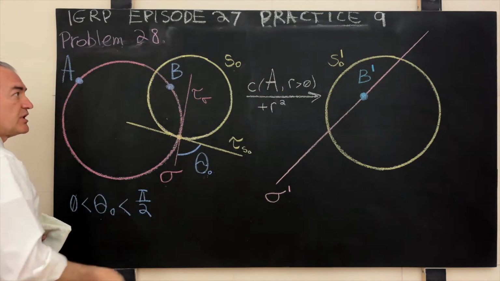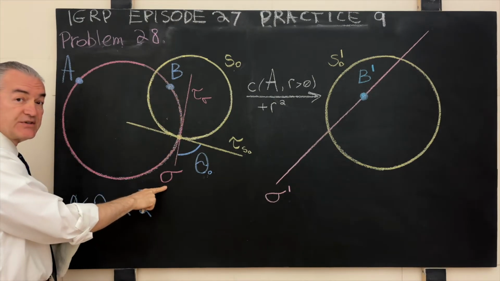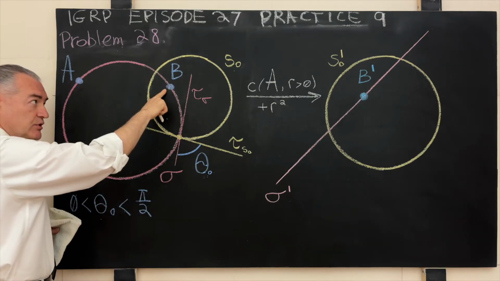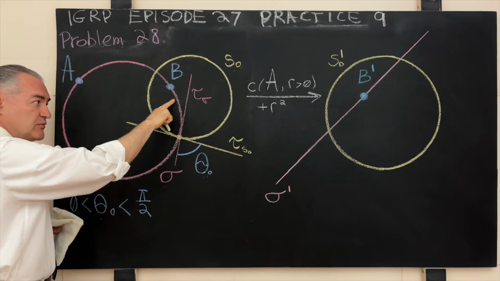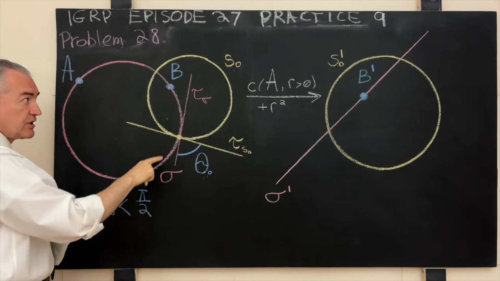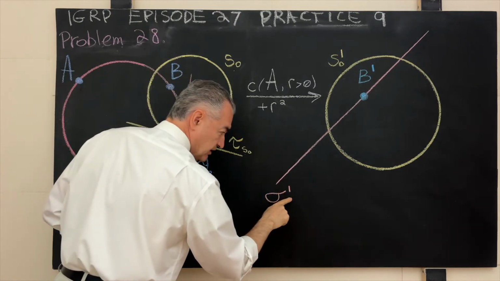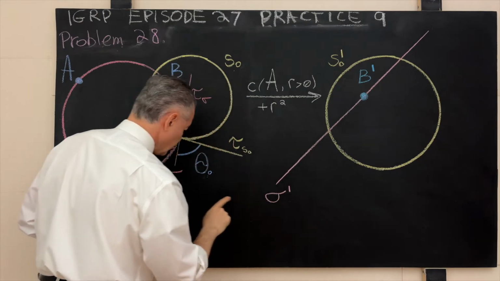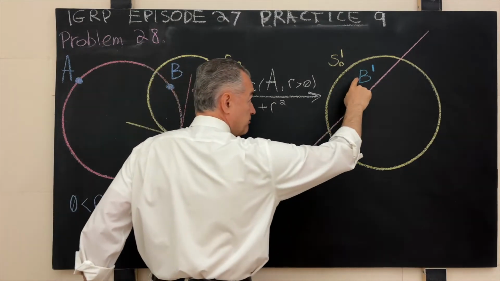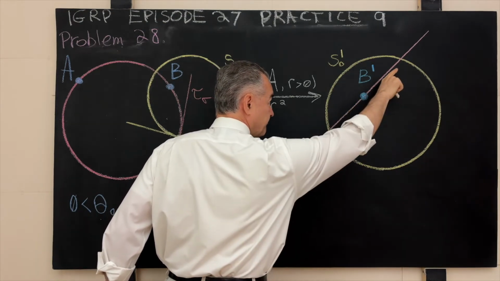And we know also that if the point B does belong to the solution circle, remember this is our first implication, then the image of the point B will belong to the image of the object to which this point belongs. The image of the object to which the point B belongs is the straight line sigma prime, the circle sigma to straight line sigma prime. That means that the point B prime will precisely belong to the straight line sigma prime.